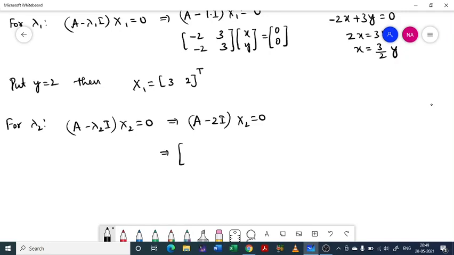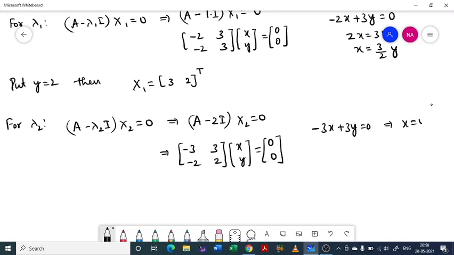It will be minus 3 and minus 2 times of x y equal to 0. So that implies minus 3x plus 3y equal to 0, which implies actually x equal to y. So minus 3x equal to minus 3y, minus gets cancelled, 3 gets cancelled, x equal to y.